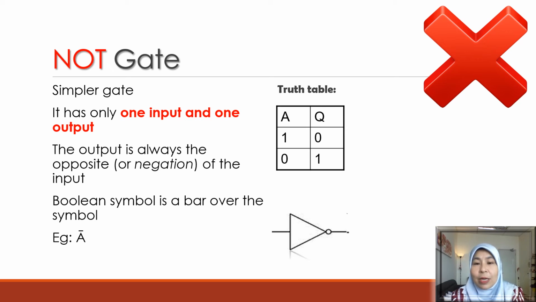The truth table shows only two conditions: if the input is true or 1, then the output will be 0, and if the input is 0, the output will be 1. Below is the example of how we draw the NOT gate. It has a triangle with a small circle at the end of it.